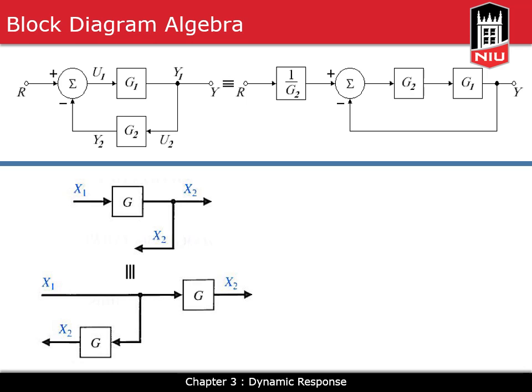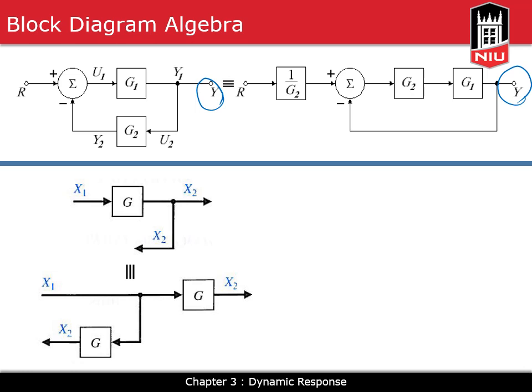The block diagrams on the top show an example of how two block diagrams which don't really seem like they are equivalent are equivalent. Here, to show that these two are equivalent, you can find the transfer function of the one on the left, or basically find the output y as a function of r in the block diagram on the left, and also find y on the block diagram on the right. You will see that they will be exactly the same.